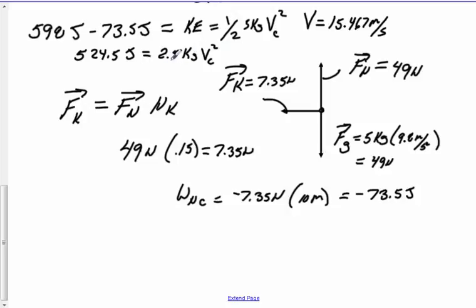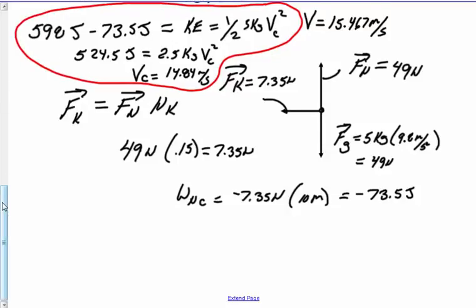I will solve for VC. I take that value, 524.5, divide that by 2.5, and take the square root of that value. That'll give me a velocity at C equal to 14.84 meters per second. So all this goes together here.